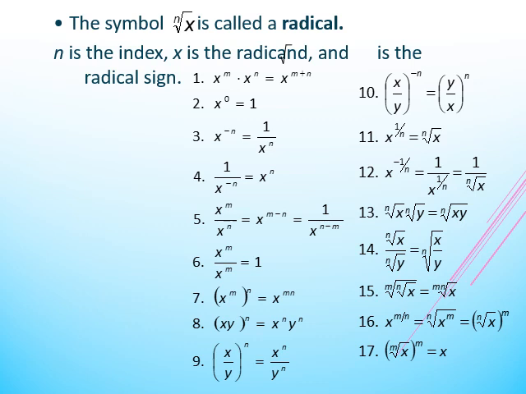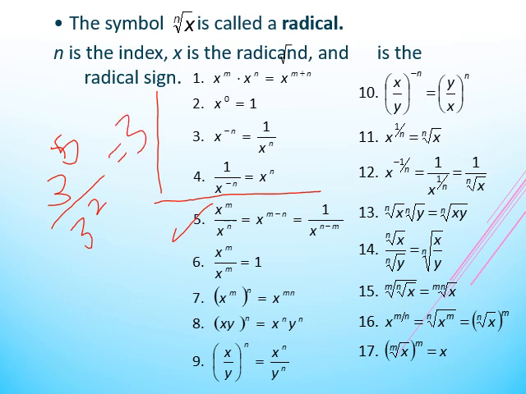Here we have more and more examples and rules for the radicals and exponents. Of course, we already introduced these four in the previous slides, and we now will move to rule number 5, which is if we have the same base in the numerator and denominator, we can subtract the powers. So 3 to the power 5 over 3 to the power 2 equals 3 to the power 3, which is 5 minus 2.